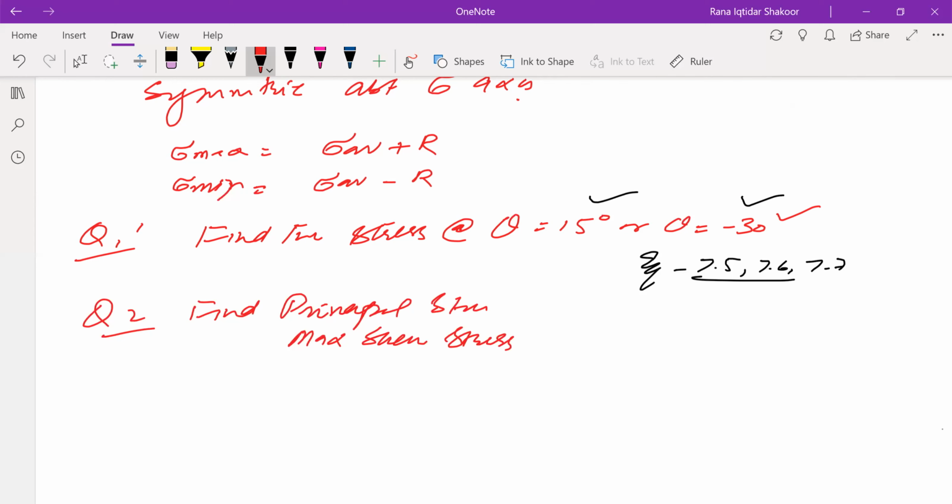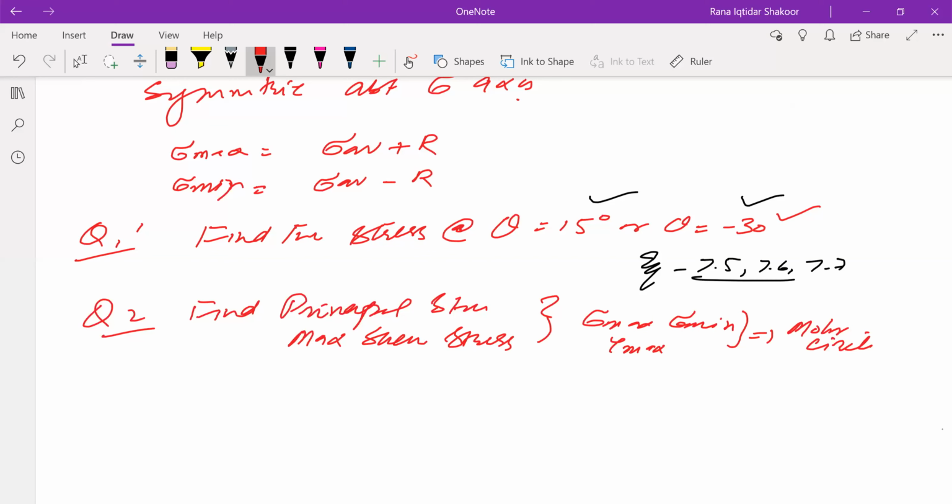For these, you need to find sigma max, sigma min, and tau max, so you can directly go to Mohr's circle. Mohr's circle will solve this problem of how to find the principal normal stresses and the maximum shear stresses.